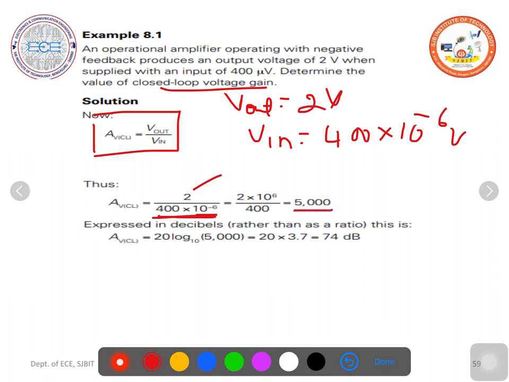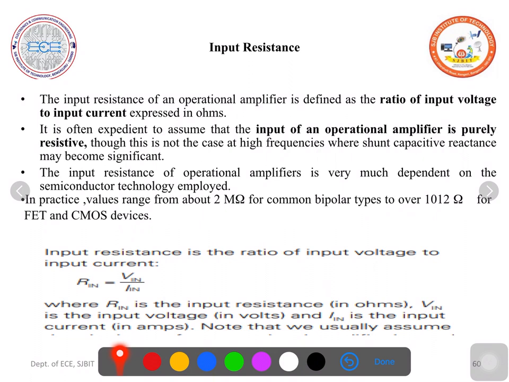Closed loop voltage gain is given by V out by V in. V out is 2 volts, input is 400 microvolts. If you calculate, you will get 5000. You can observe we have not written any unit there. Usually the voltage gain is expressed in decibels. So take 20 log of 5000, you will get 74 decibels.